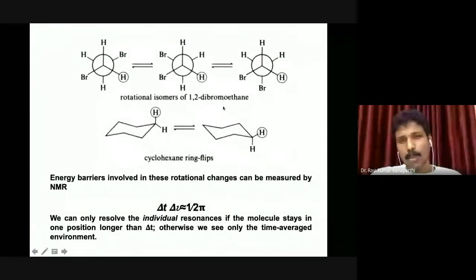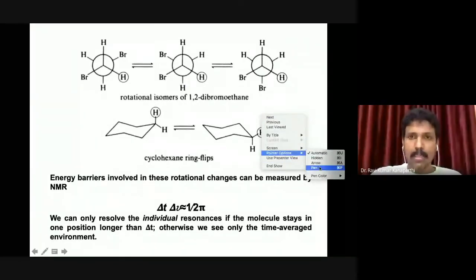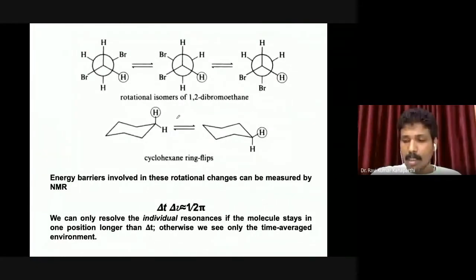The energy barriers used to be determined experimentally using the NMR experiment: we record the NMR spectrum, look at the peak width of the protons, and using this formula one can estimate the energies.